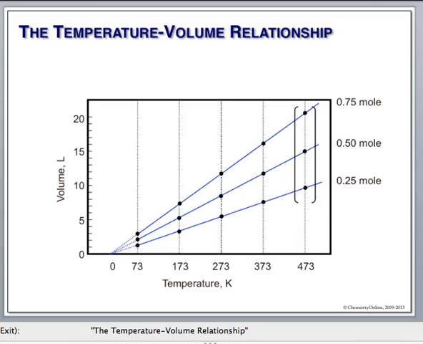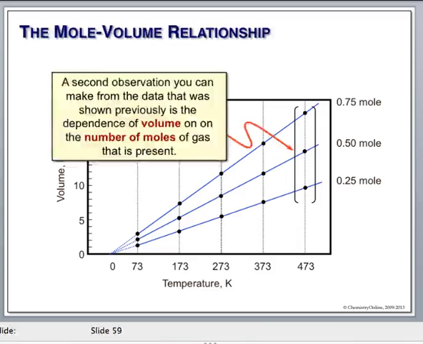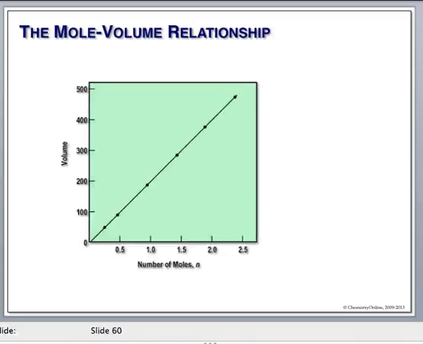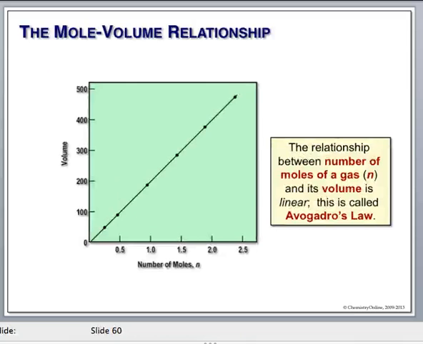So, if we take these data and simply make a plot, we can call this Avogadro's relationship. And what we're going to do is the mole-volume relationship here. The plot that we get looks something like this. It's linear. The more gas you have, the larger the volume.